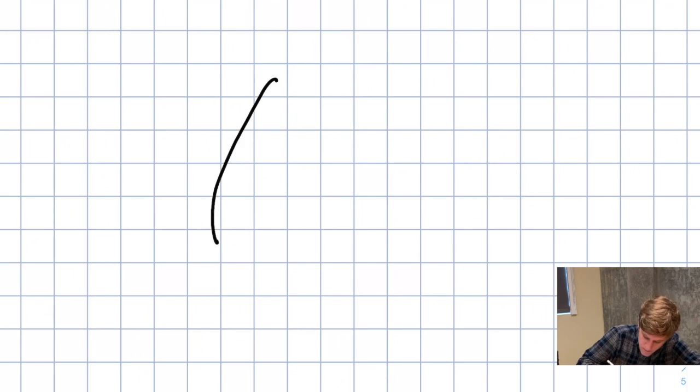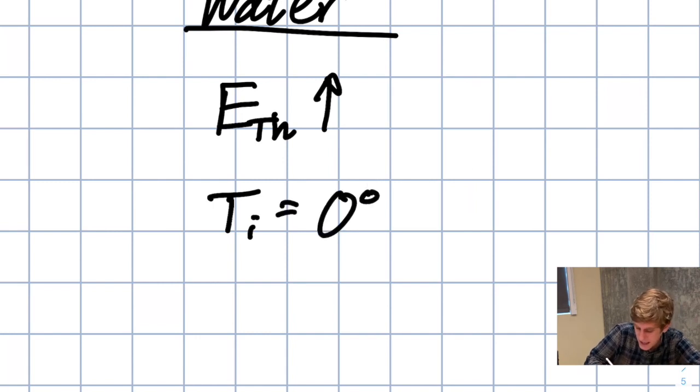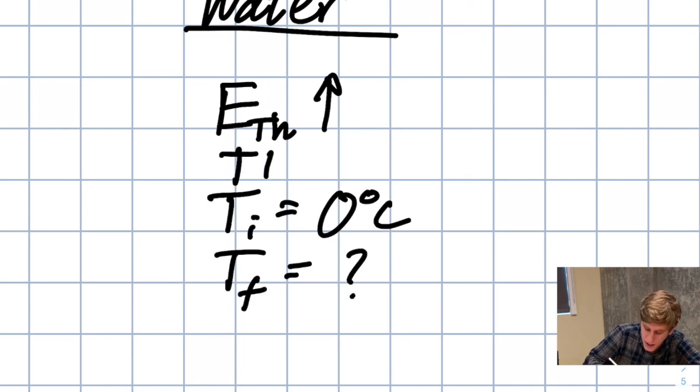We'll draw another energy interaction diagram just as before. We know its thermal energy will be increasing because we're warming up the water. Its initial temperature is 0 degrees Celsius, and its final temperature is unknown. This is what we're trying to find.